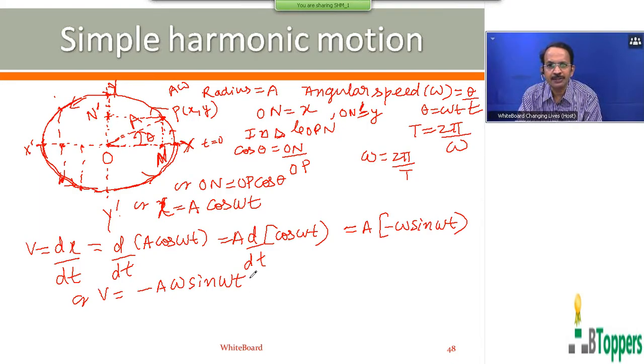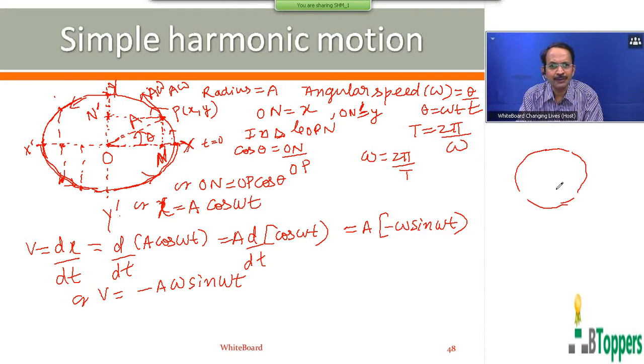Let us arrive at the same expression in another way also. The velocity of the particle moving in the circular path at any instant will be along the tangent to the circle at that instant. It has magnitude r omega, where r is the radius of the circular path. Here r can be written as a, so the magnitude is a omega. We can consider the components of this velocity.